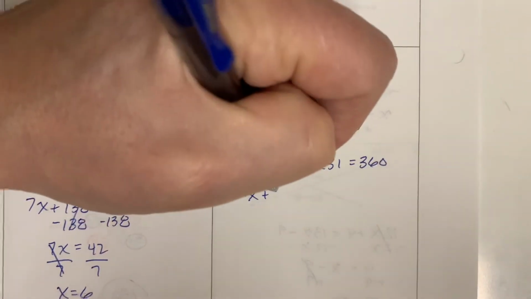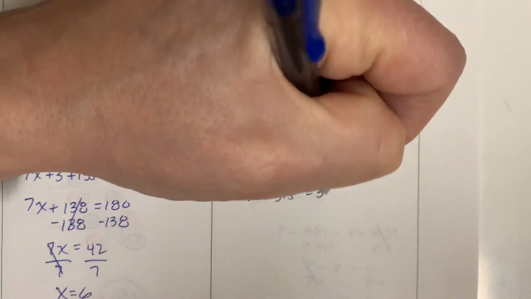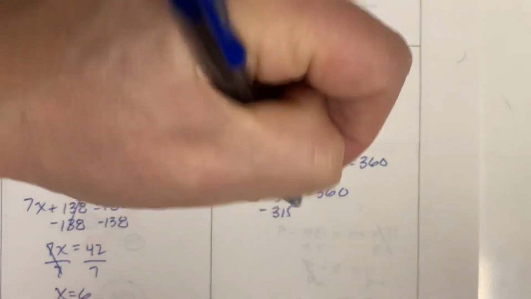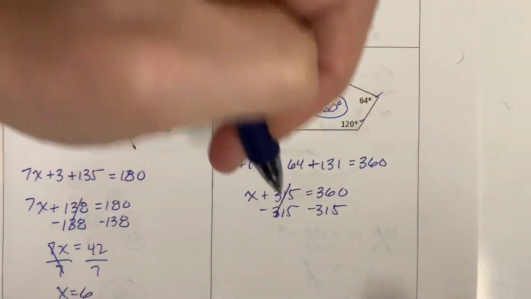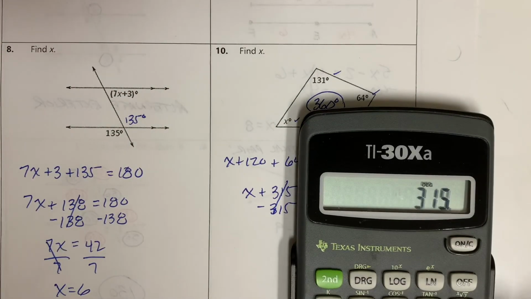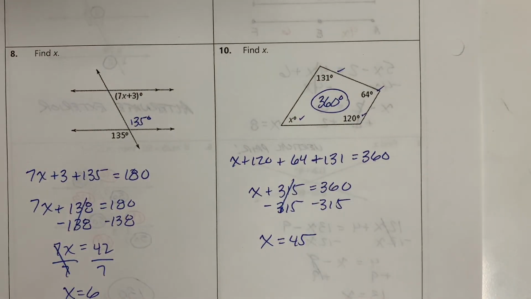So x plus 315 is equal to 360. I'm going to subtract 315 from both sides. So 360 minus 315, and we get 45. So the missing angle measure has to be 45.